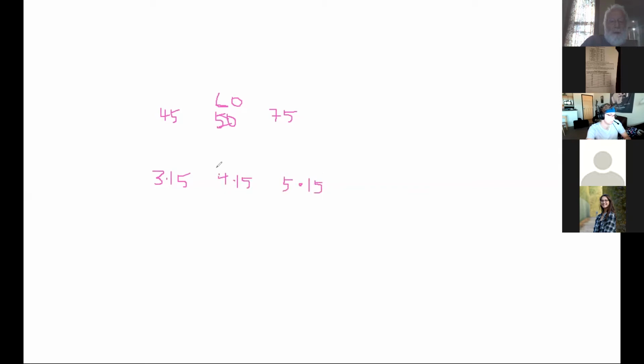I'm going to circle these numbers, 3, 4, and 5. Do those numbers ring a bell? How they might relate? Is it a Pythagorean triple? Exactly. Okay.